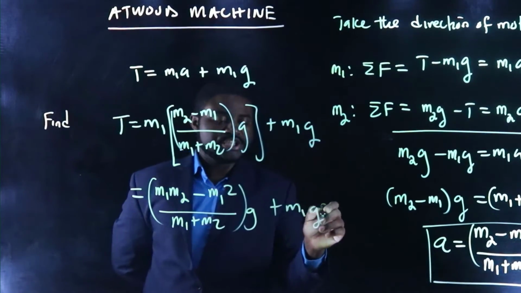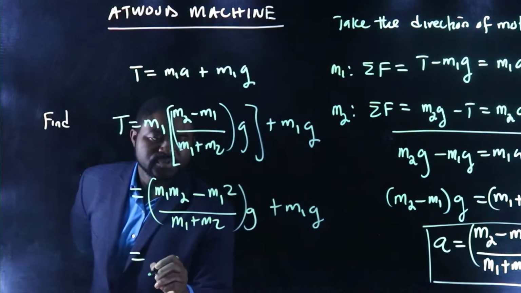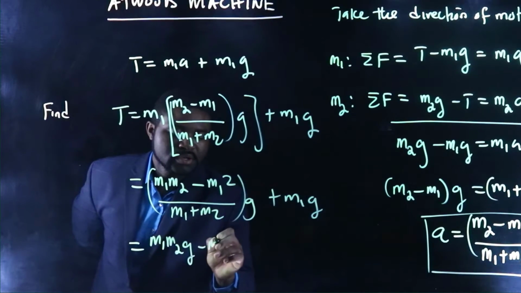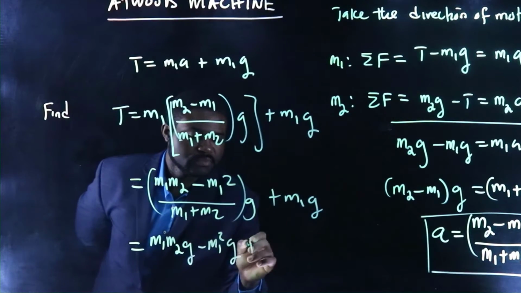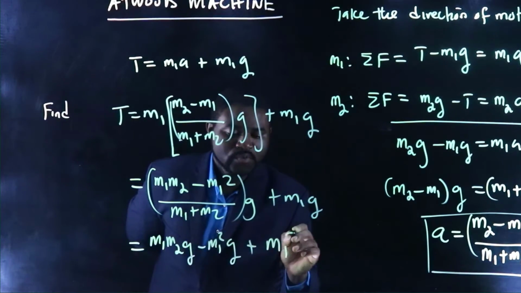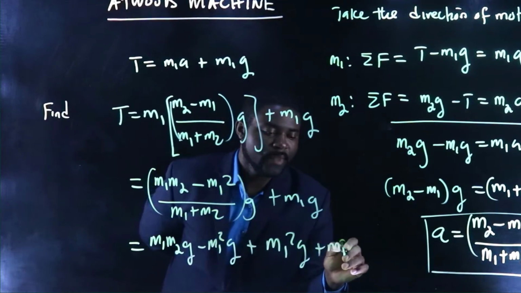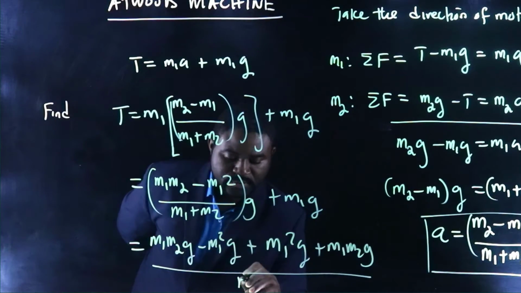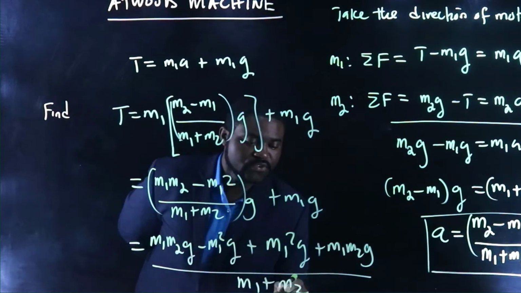We can further simplify as M1M2G minus M1 squared G plus M1 squared G plus M1M2G, all divided by M1 plus M2.